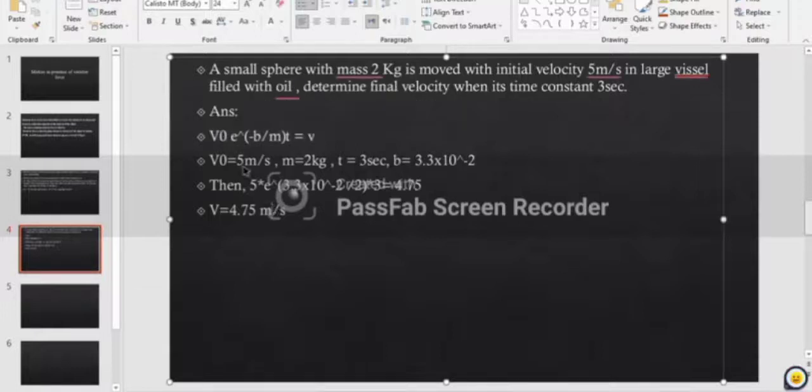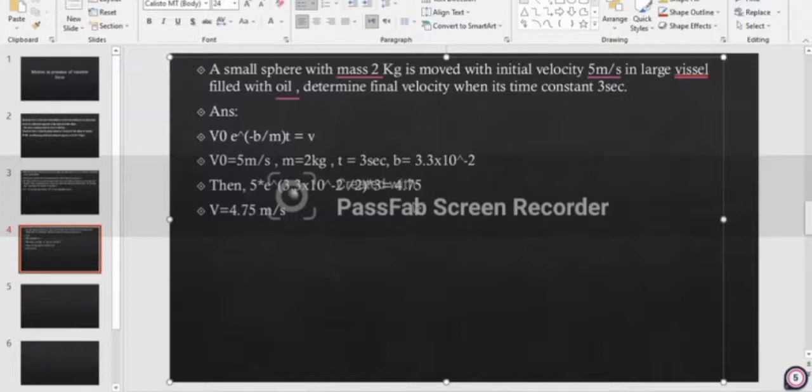As given, V naught equals 5 meters per second, m equals 2 kilograms, t equals 3 seconds, and b, which is the drag coefficient or resistive coefficient, equals 3.3 times 10 to the power negative 2. Then we substitute in the rule.